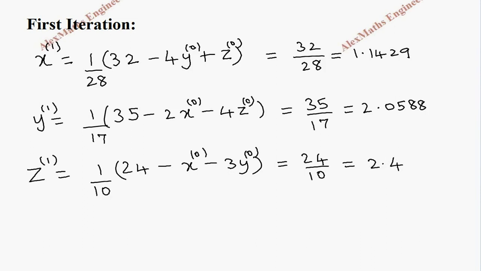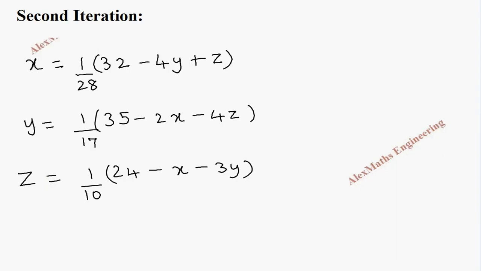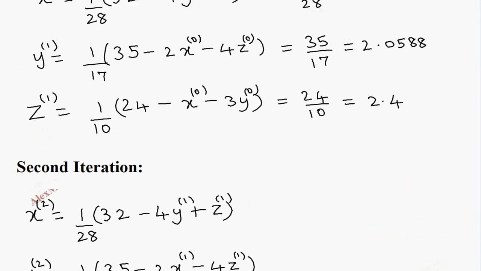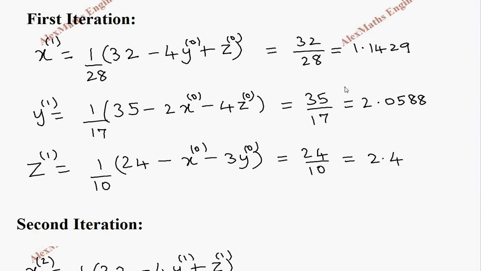Now we are going to the second iteration. Once again, we have to copy the equation where we are going to calculate x of 2, y of 2 and z of 2 using the values of x of 1, y of 1 and z of 1. These are nothing but the values of x, y, z which we got from the first iteration.